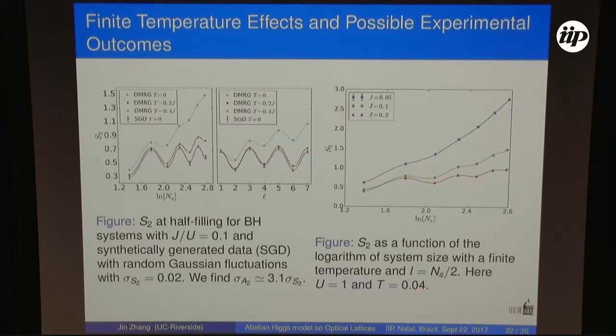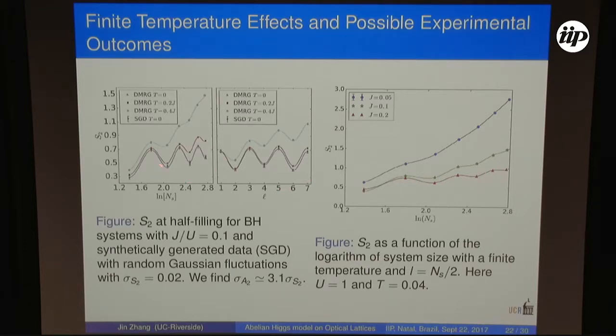The temperature is 0.004. So for smaller J, the temperature effects are bigger. So we can't prepare such a small J over U experimentally. So as a compromise, we chose J over U equals 0.1.